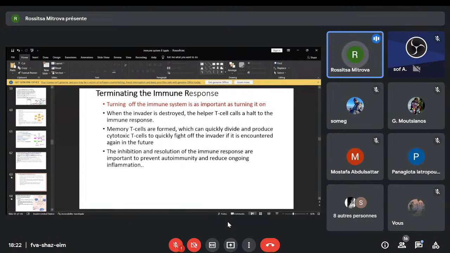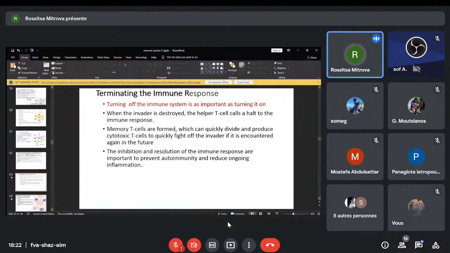Maybe if you work in immunology or a laboratory, you will remember them better, just to have an impression. The terminating of the immune response. Turning off the immune system is as important as turning it on. When the invader is destroyed, the helper T cell calls a halt to the immune response.